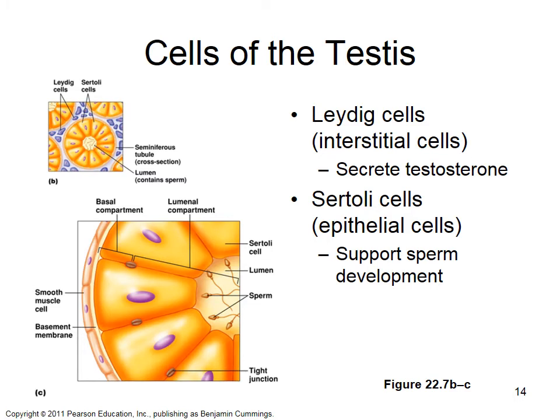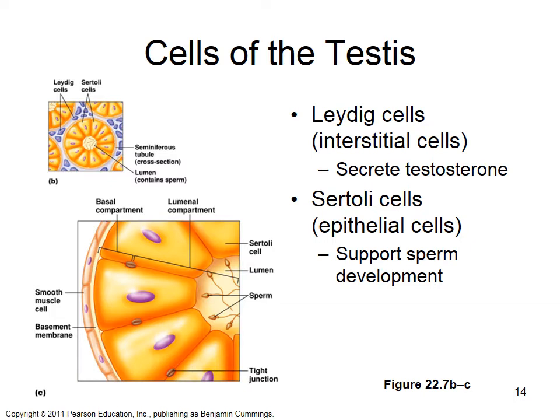Okay, if we look at a cross-section of those seminiferous tubules, the epithelial cells that make up the seminiferous tubules are called Sertoli cells. Okay, they're a specialized type of epithelial cell. And then in between those seminiferous tubules, we have these interstitial cells that are called Leydig cells, and they're being shown in blue.